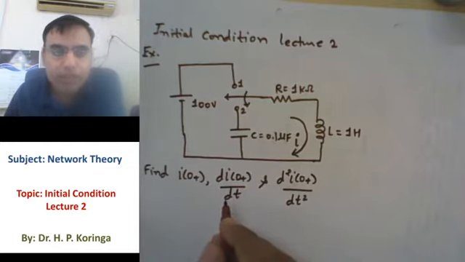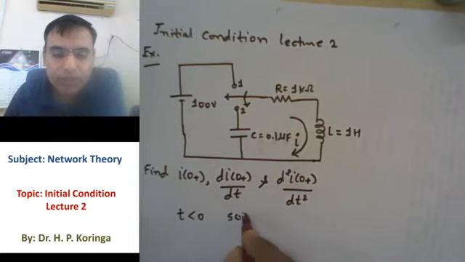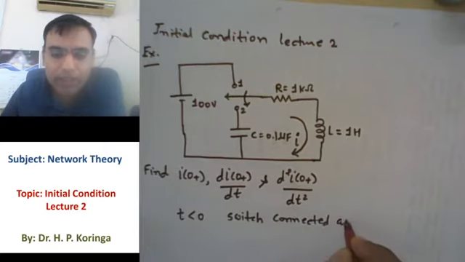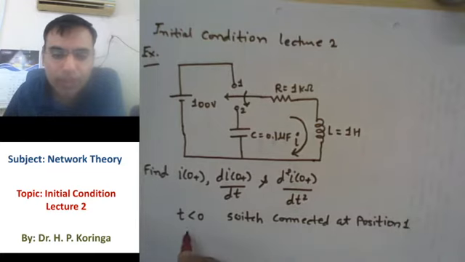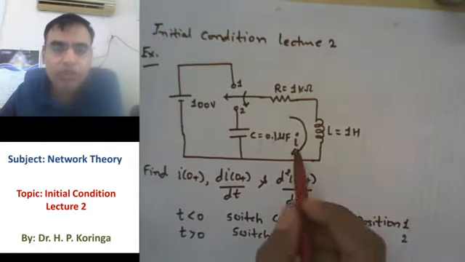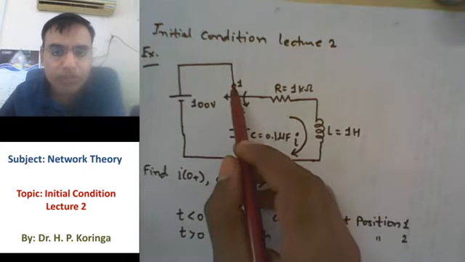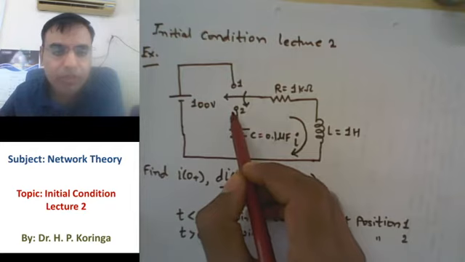The arrow indicates that for t less than 0, the switch is connected at position 1, and for t greater than 0, the switch is connected at position 2. So before switching the switch is at position 1, and after switching it is at position 2.